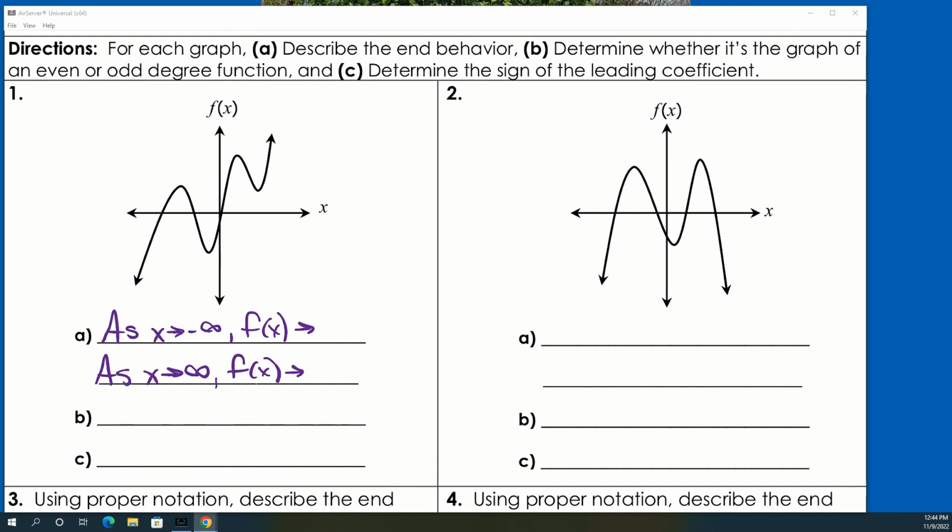This is like what we were doing in the very first part of today's lesson. So negative infinity is the left side. This left side's pointing down, so that's going to be negative infinity. And then x approaches positive infinity is the right side. That arrow is pointing up, so it's positive.